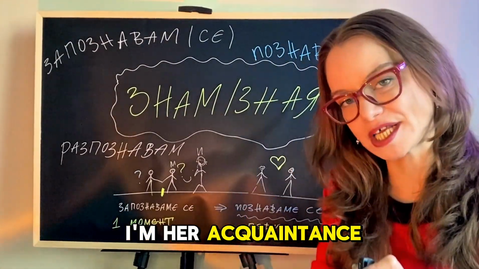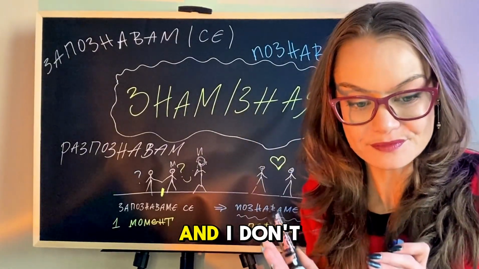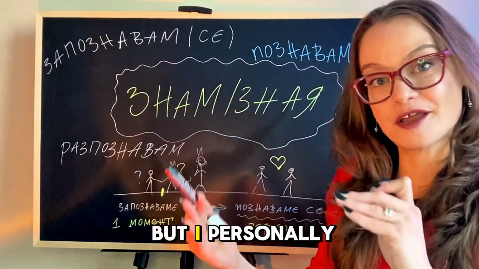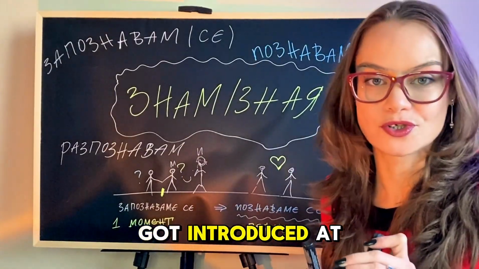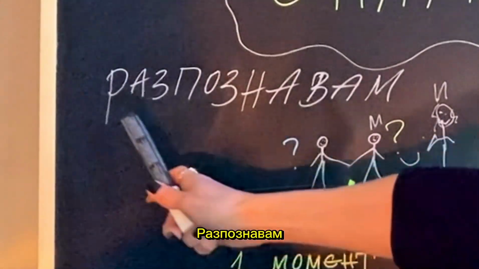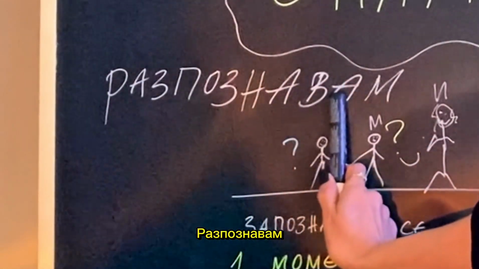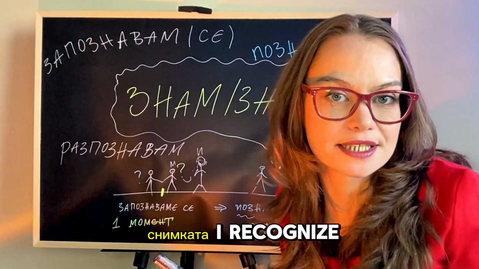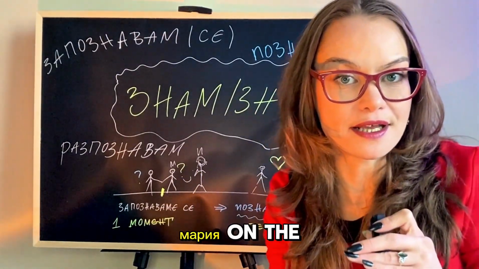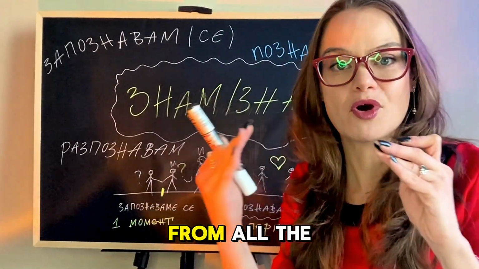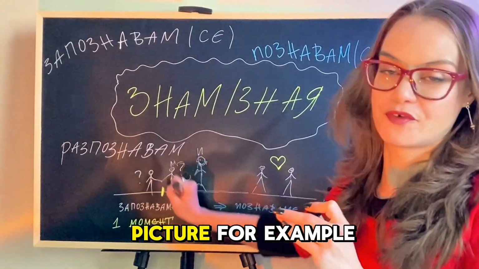I am her acquaintance and I don't only know the name of her, but I personally got introduced at some point in our life. And then Разпознавам, to recognize. Познавам Maria на снимката. I recognize Maria on the picture. I know who Maria is from all the people on the picture, for example.